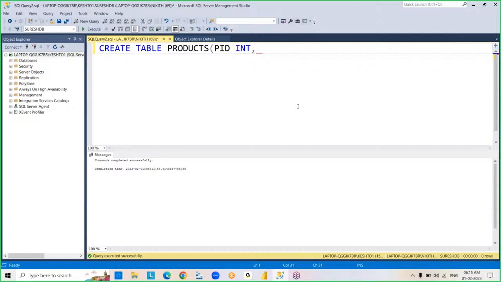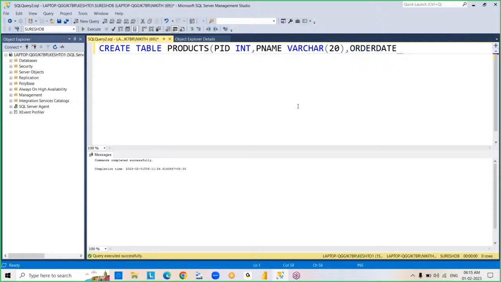That means in the ProductID column, we can store integer data, right? Next, ProductName column. Suppose varchar of 20, character data, maximum 20 characters.